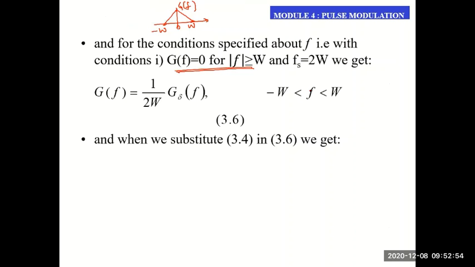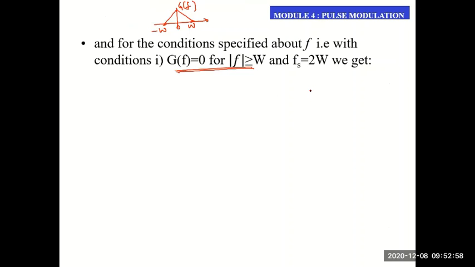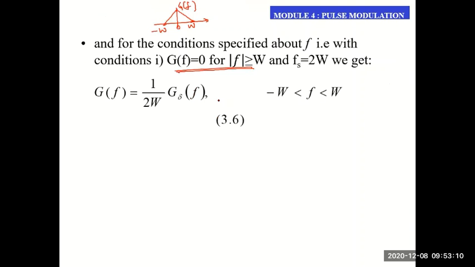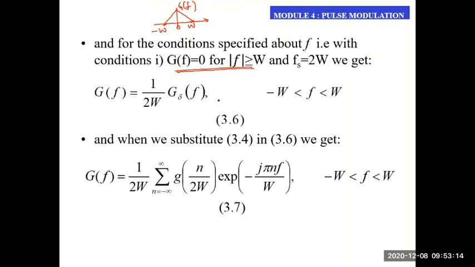And later on, when we substitute equation 3.4 in 3.6, the equation 3.4 is given here. The value of G delta of F, which we have here. Please observe. You should substitute this in the equation which we have written just now. What happens?